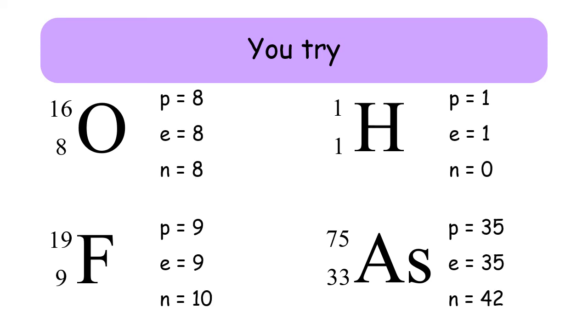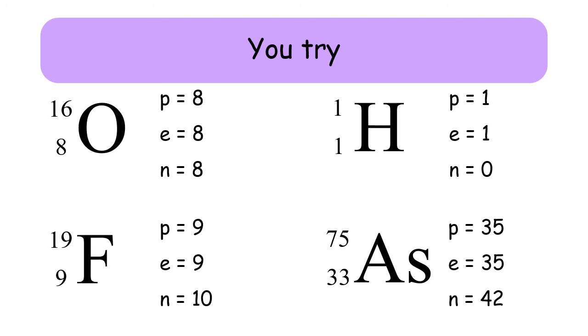So hopefully you have had a go at those yourself, and what you can see is that for oxygen, the atomic number is 8, so we know that the number of protons and the number of electrons are going to be 8. The number of neutrons is equal to the mass number, 16, minus the atomic number, 8, which also gives us 8 neutrons. Moving to the right, we've got hydrogen.